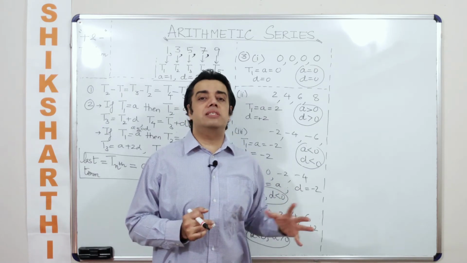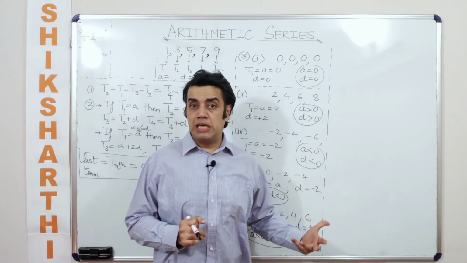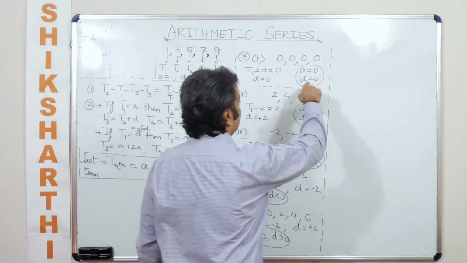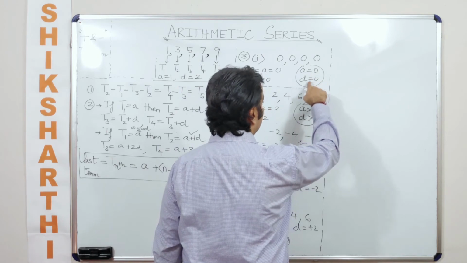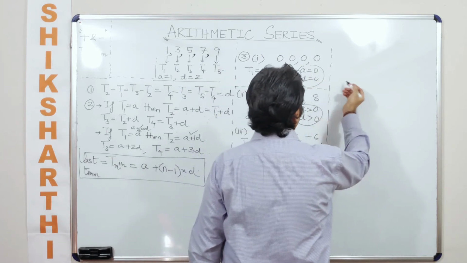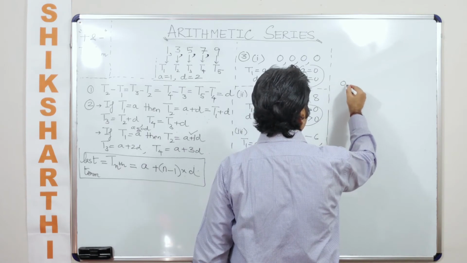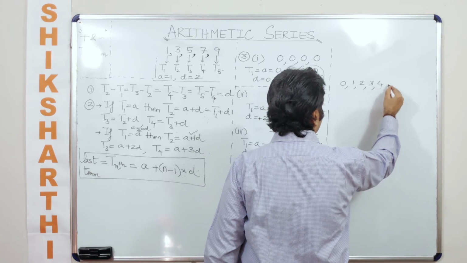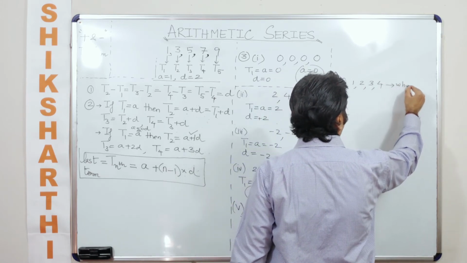Non-zero means none of these are equal to a 0, neither the first term nor the common difference. Now talking about them being equal to a 0, in that case I can take either A is equal to 0 along with D is equal to 0, or I can take a case like, let us say, the first term as a 0, second term as 1, 2, 3, 4. Let's say I am talking about whole numbers.